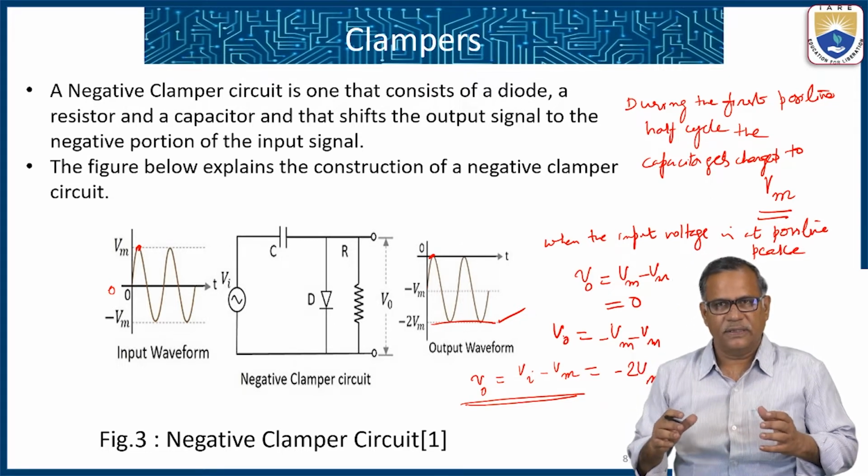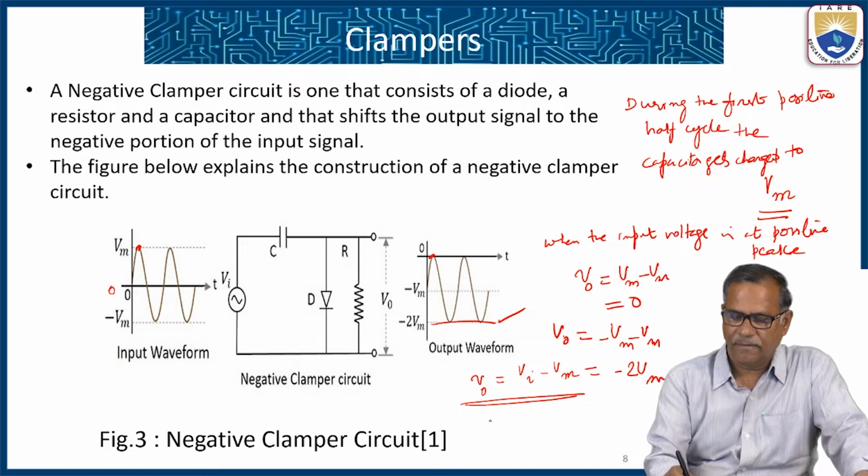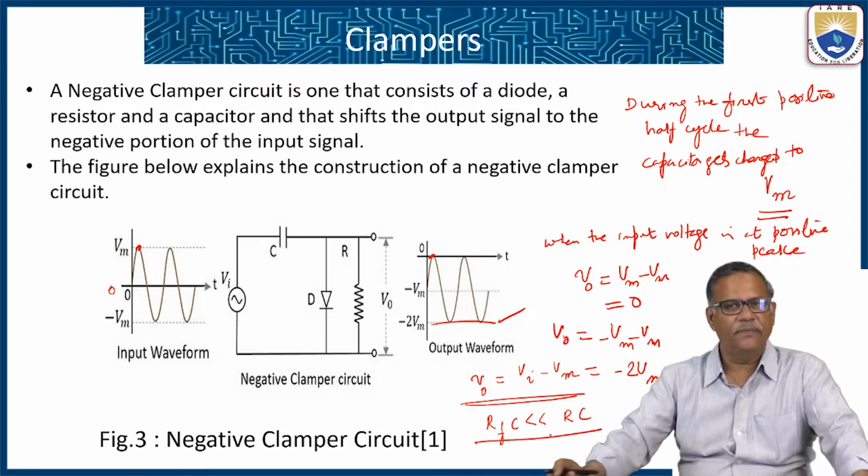Now for all our discussion of the clamper circuit, we assume that the charging time constant is very less compared to the discharge time constant. So that means RFC is far less than RC. What is RFC?